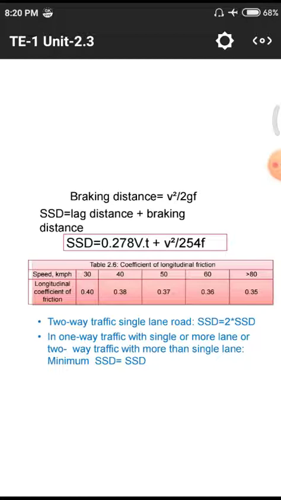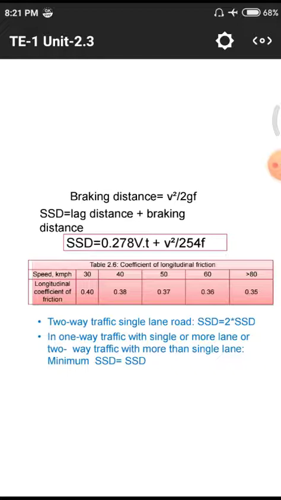These are the coefficients given in the IRC codal provisions, so that for whatever speed we are having, the coefficient of friction on the particular road. If we are going at 30 km per hour, we are having a friction of 0.40, that means more friction. If we are going at 40 kilometers per hour, the friction will decrease from 0.40 to 0.38, that means by 0.02.